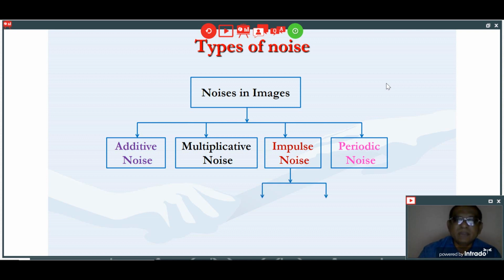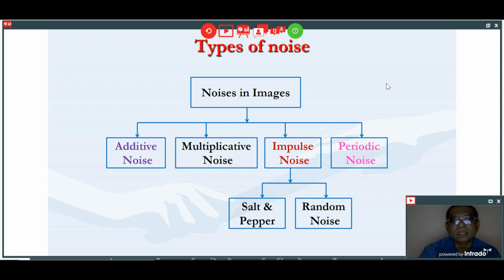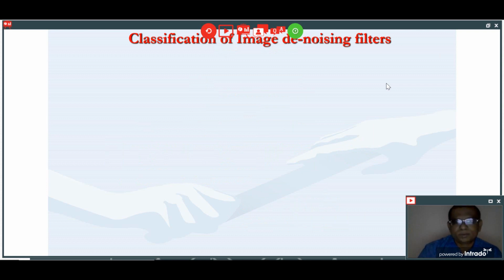Impulse noise, again, we can broadly classify into two categories: either salt and pepper noise or random value noise. An example of additive noise is AWGN, additive white Gaussian noise. An example of multiplicative noise is speckle noise. Speckle noise is very common in ultrasound as well as in SAR, that is, synthetic aperture radar images. Now, how can we minimize the impact of noise by means of filters?